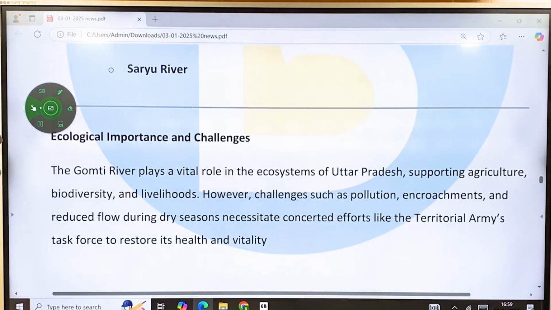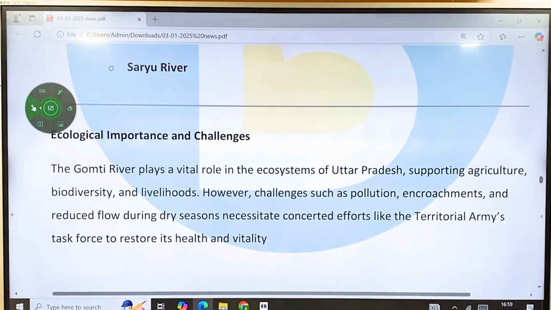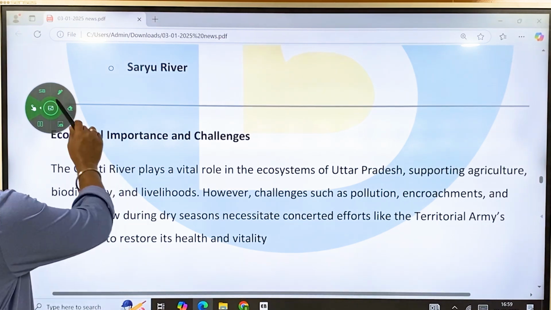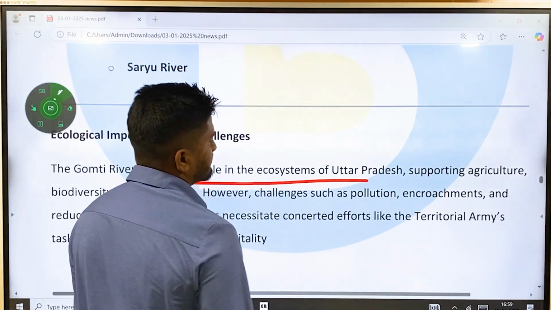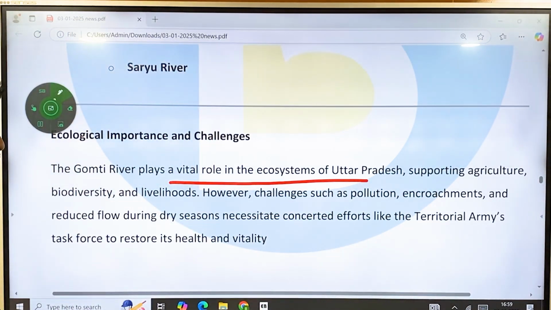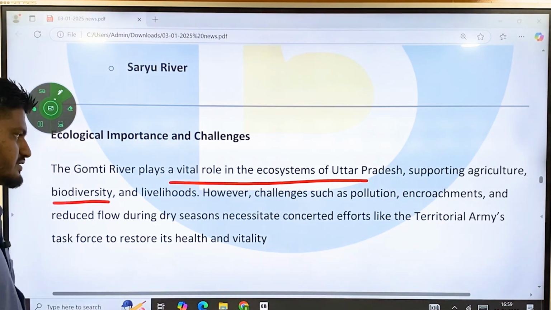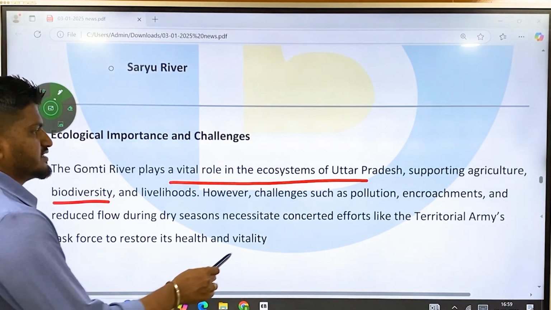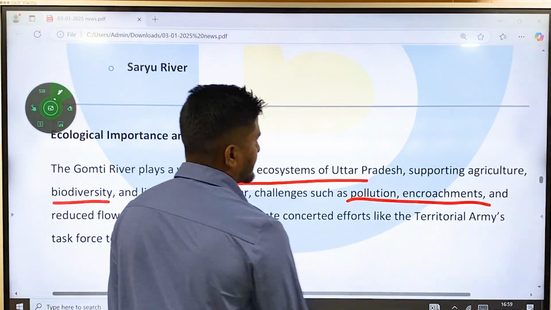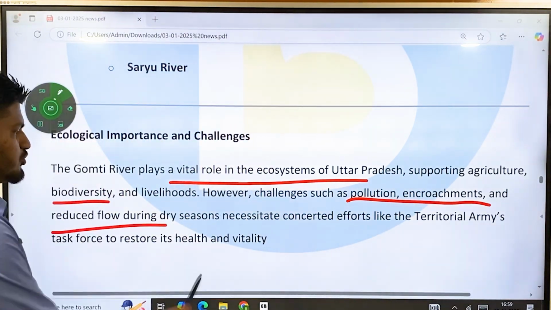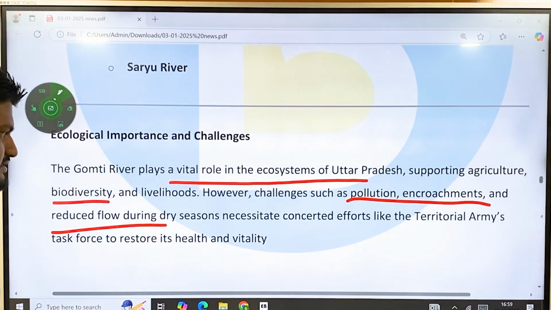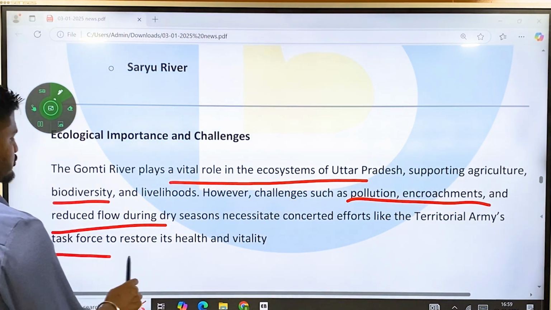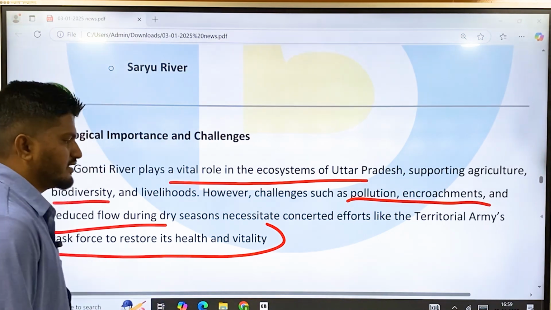So, what is the ecological importance and challenges of the Gomti River? The Gomti River plays a vital role in the ecosystem of Uttar Pradesh, which supports agriculture, biodiversity and livelihoods. However, challenges such as pollution, encroachments and reduced flow during the dry seasons necessitate concerted efforts like the Territorial Army's task force to restore its health and vitality.